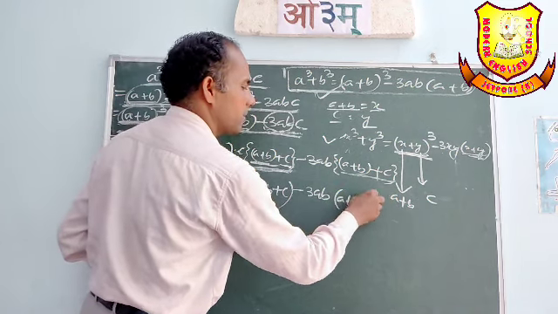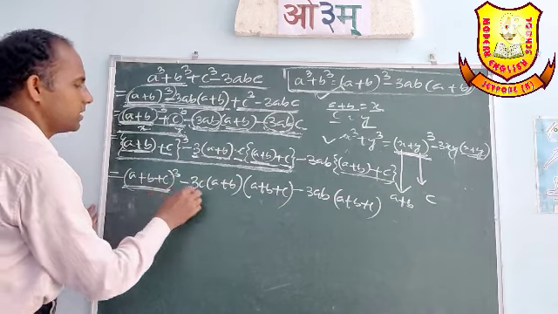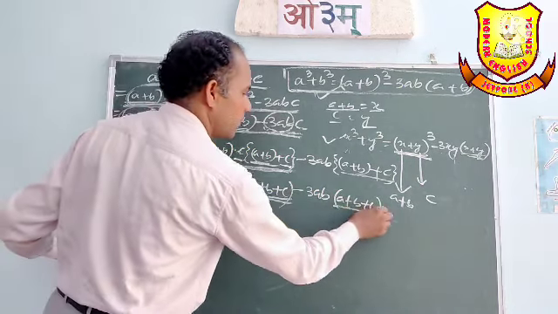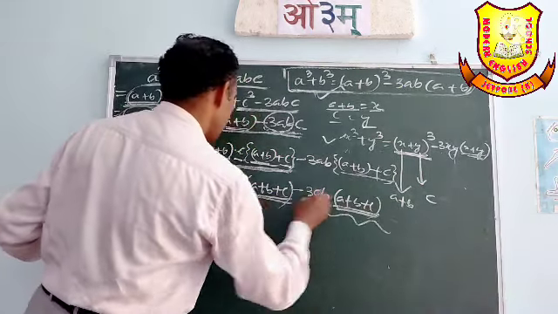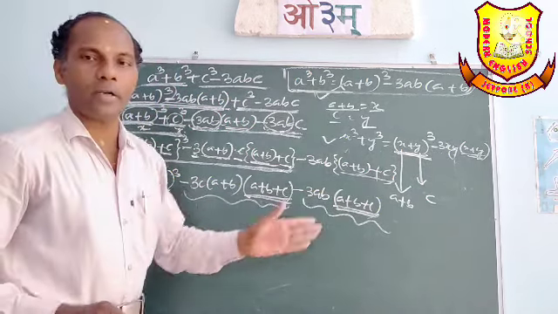Now here a plus b plus c, here a plus b plus c, here a plus b plus c. So this is a part, this is a part, this is a part, from these three parts.